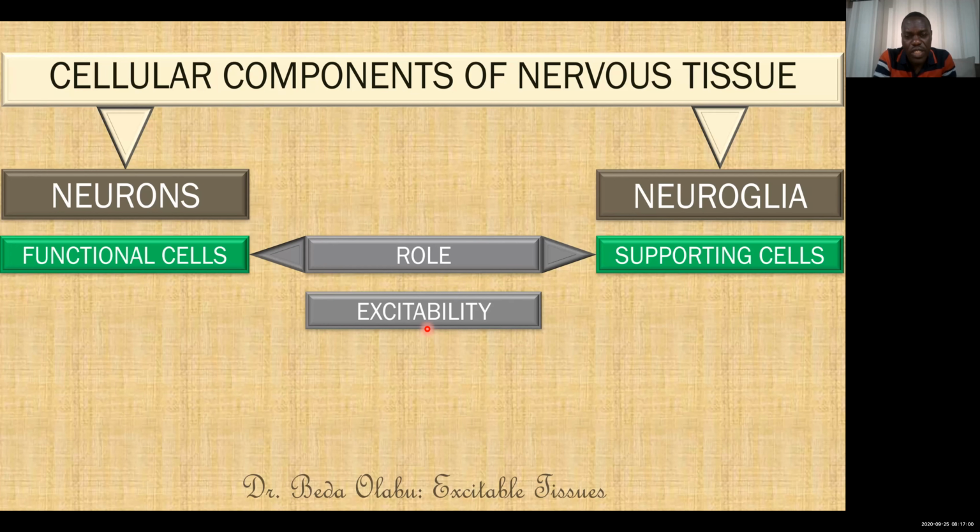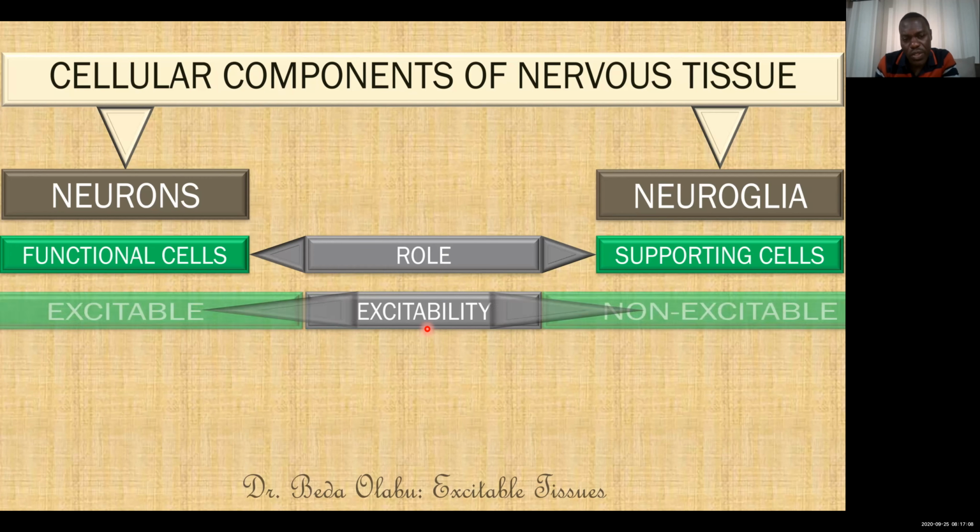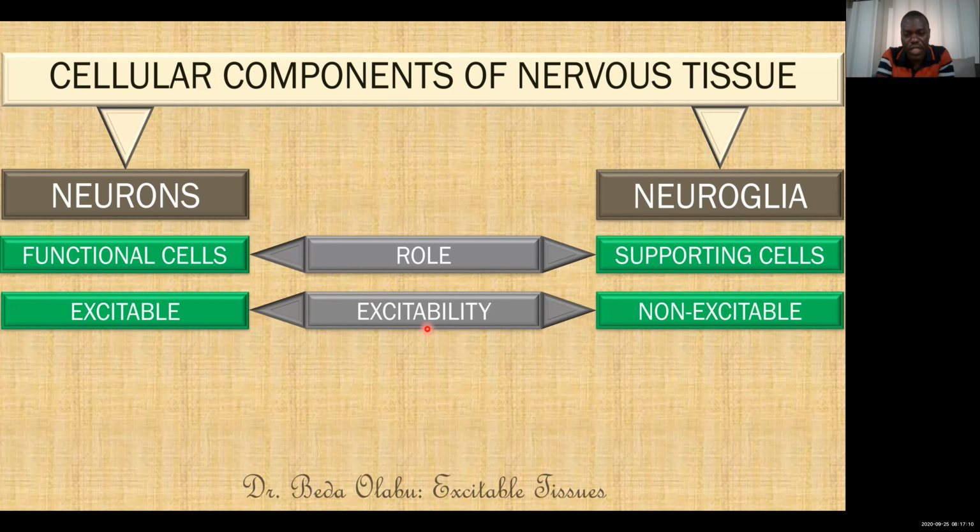The ability of a cell to respond to a stimulus by generating an electrical impulse. So on this note, the neurons are the only ones that can do that. The neuroglial cells cannot generate electrical impulses.